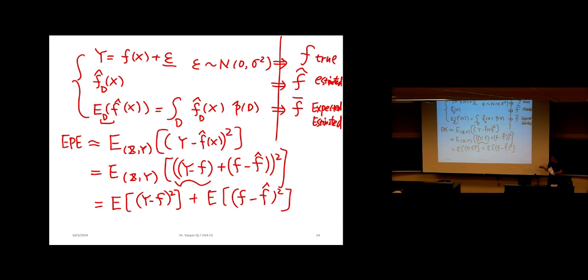And this part you can actually derive. The error in expectation is sigma squared, which is controlled by the random noise in this observation. You cannot reduce it because what you observe is the true function plus some noise, and there's no way you can reduce this. And this is normally called base error or irreducible error.